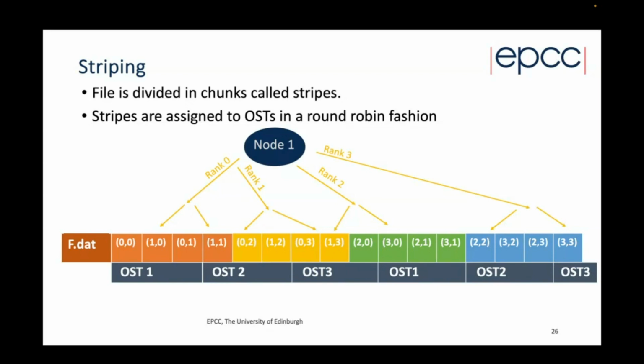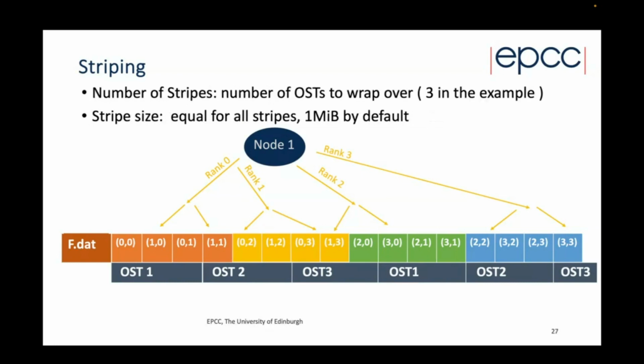The first chunk will be assigned to the first stripe, OST number 1, then the second chunk to OST number 2, the following chunk to OST number 3, and then we run out of stripes, so we start from the beginning and assign the next chunk to OST number 1 again, and so on. So we assign all chunks in a round-robin way.